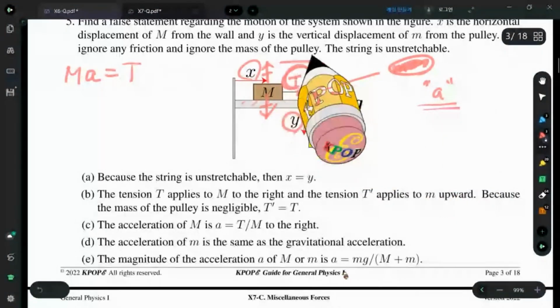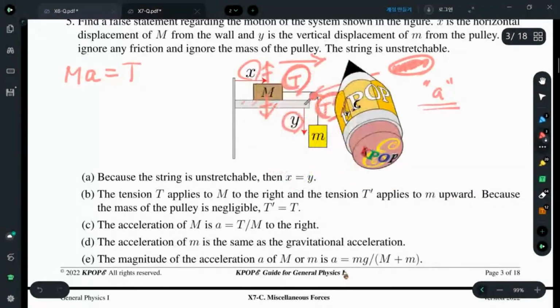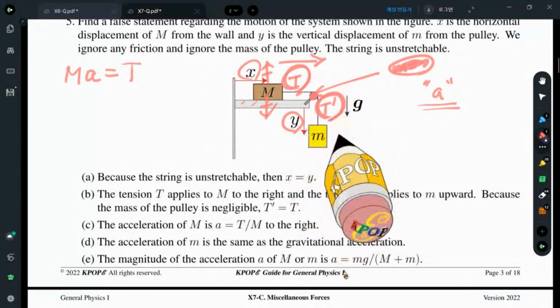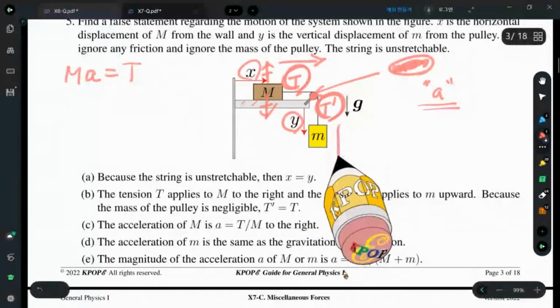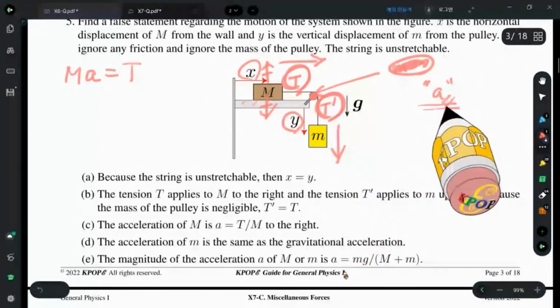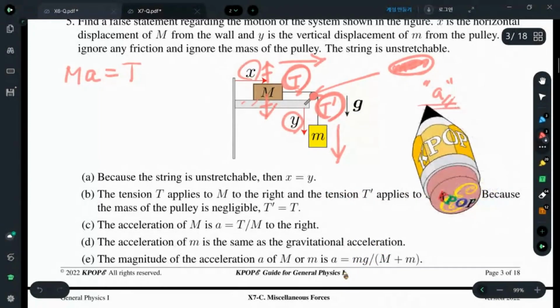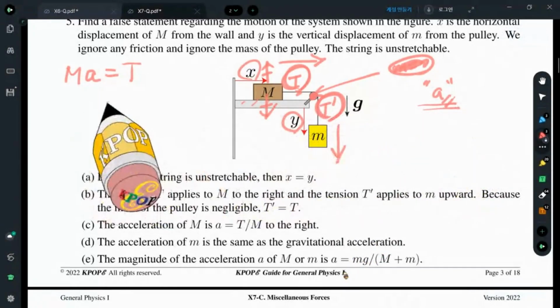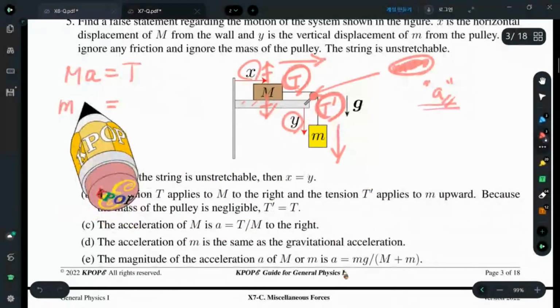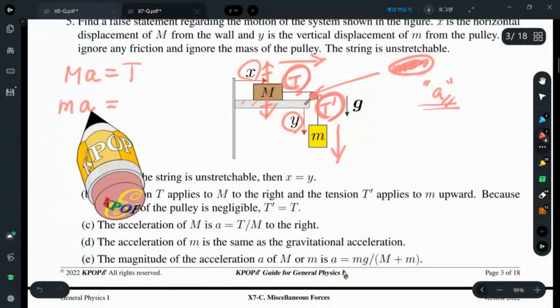Here the force is along the horizontal direction, and as far as the yellow block is concerned, acceleration is downward. But if we consider the magnitude only, including the sign, then it's fine to write down the equation of motion for the yellow block, mA.